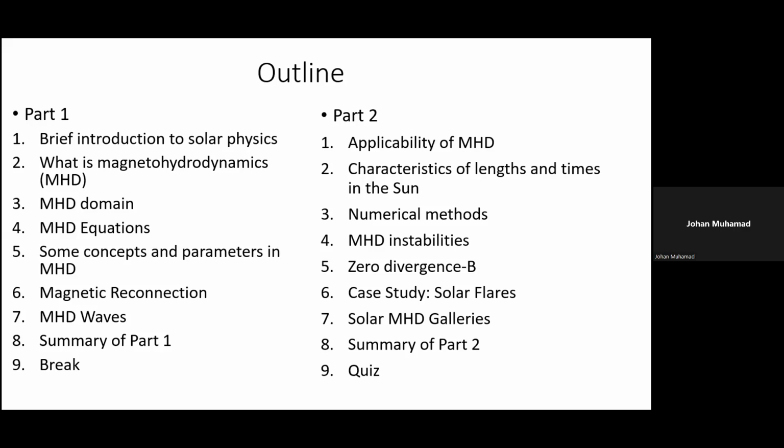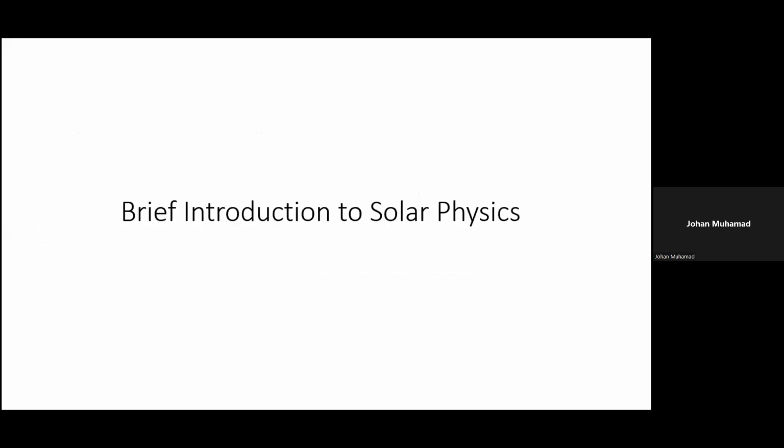So for those of you who have a problem with fluid dynamics and electromagnetism, I guarantee that you will also have a problem with magnetohydrodynamics. But of course, I will try my best to explain this easily, so you can follow. At least you can know the very basic concepts and the basic equations that we can use for making the solar MHD simulation. So the first part is about solar physics itself.